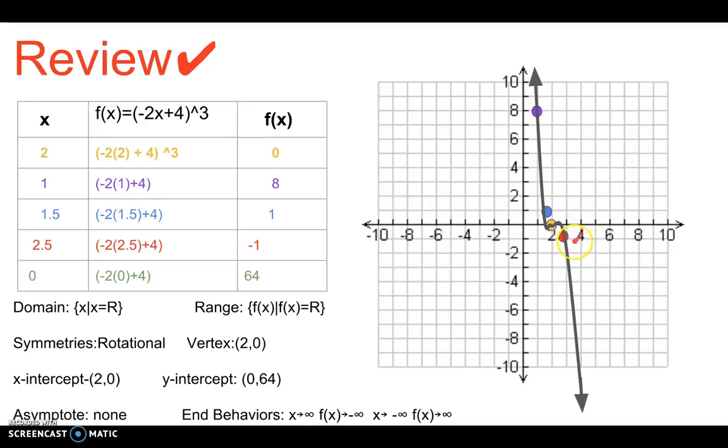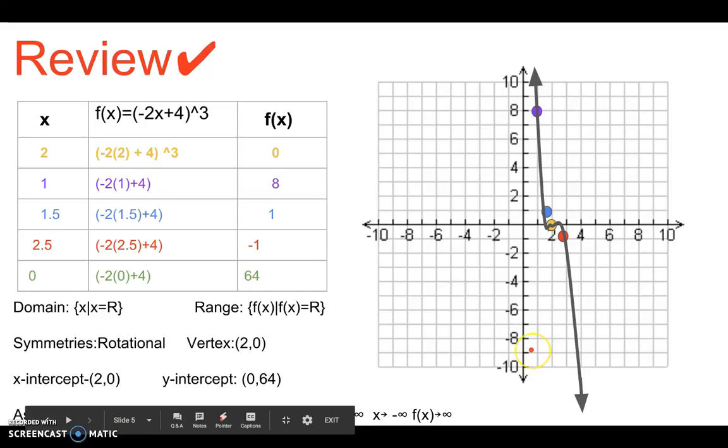And then we graph with a curve where it curves up when it's a negative number at the vertex, or down if it's a positive number at the vertex. It'll curve up to the left if it's a negative, and up to the right if it's a positive. It'll curve down to the right if it's a negative, and down to the left if it's a positive. That's kind of hard to remember, but you'll figure it out. And just remember it curves at the vertex.